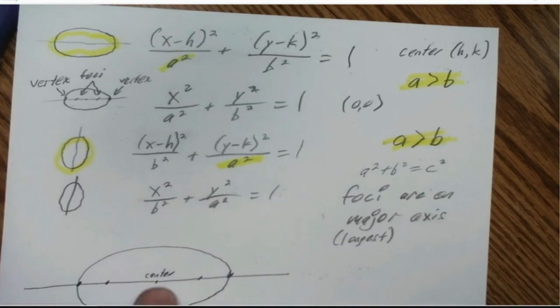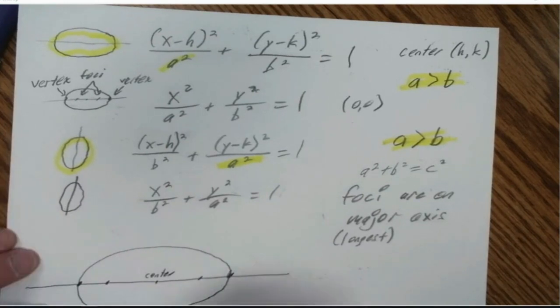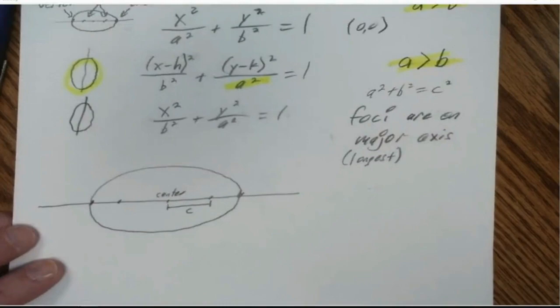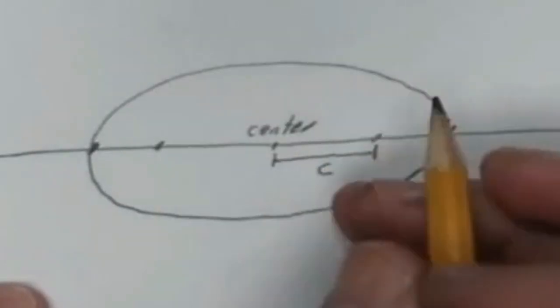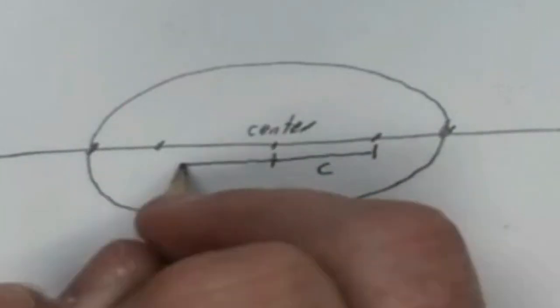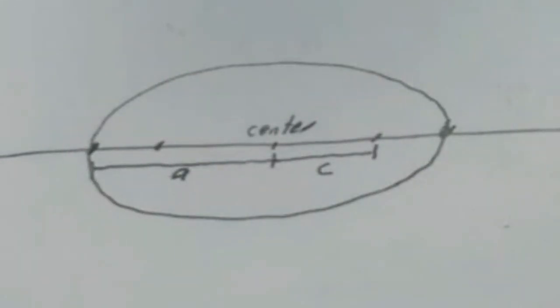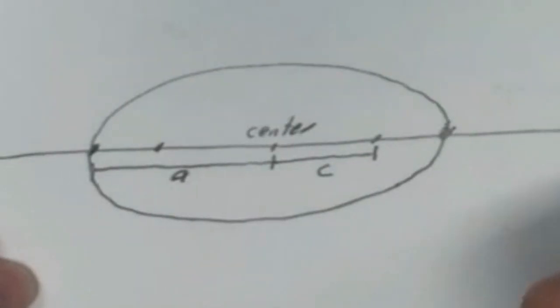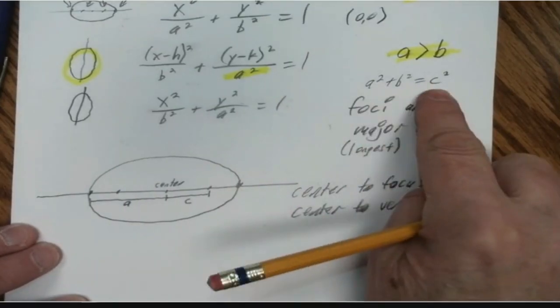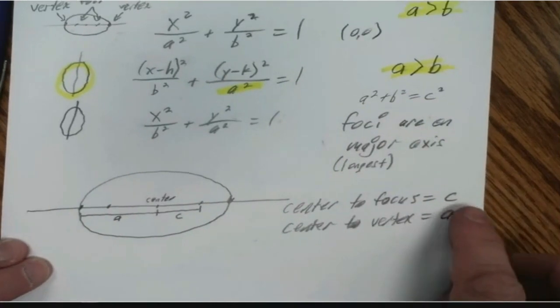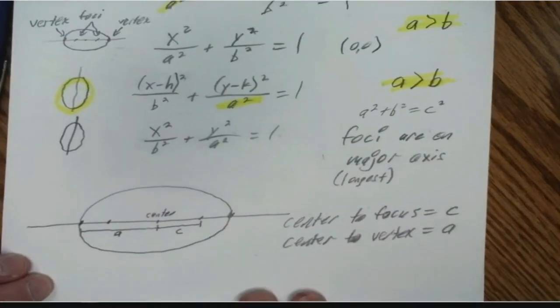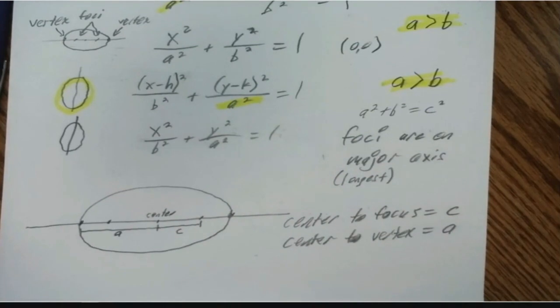So the distance from the center to this focus is C. And the distance from the center to the vertex is A. And we find out what the a squared plus b squared equals c squared. That's how we get c. Looks a little crazy, but let's see if we can figure this out.